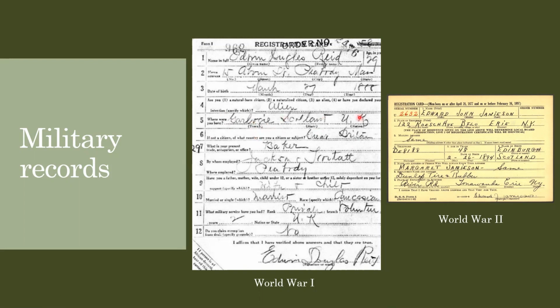This is a sample of an Edwin Reed, who is still a UK citizen at this point. It gives you the information about where he was born and an exact birth date. My experience with these records is that they tend to be fairly accurate.